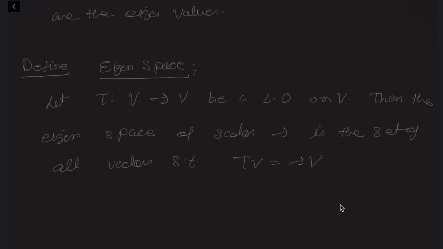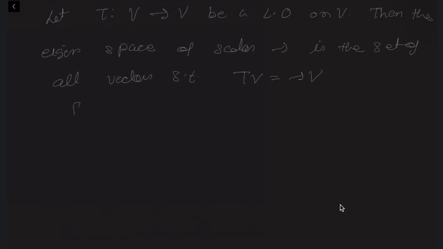Now what exactly does it mean? I just emphasize the point that given an eigenvalue, I can have more than one eigenvector. So this is just for the explanation.